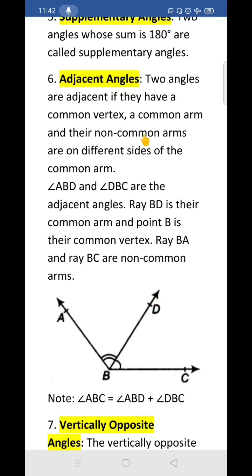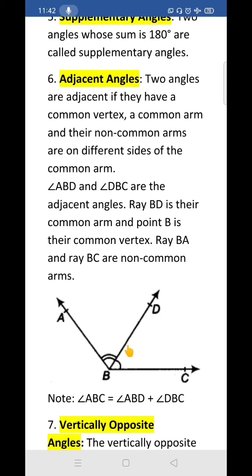And they have a common arm, in the sense a common side. For both angle ABD and angle DBC, BD is the common arm, or common side.